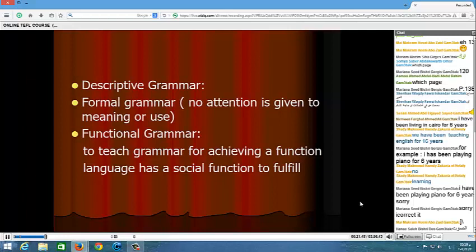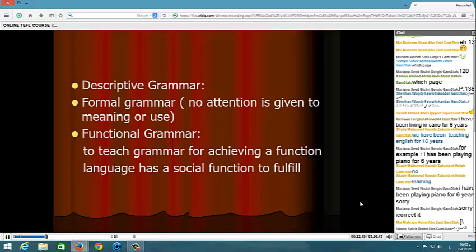But most importantly, we have what we call functional grammar, to teach grammar communicatively. That's to say, to use the grammar in our teaching, in our speaking, in our communication, rather than teaching the grammatical rules in isolation. To teach grammar for achieving a communicative function of the language.